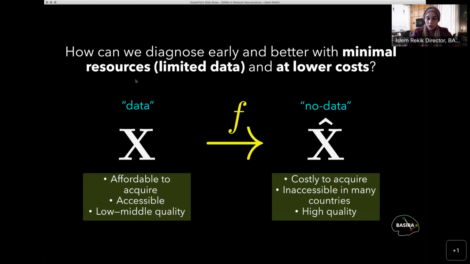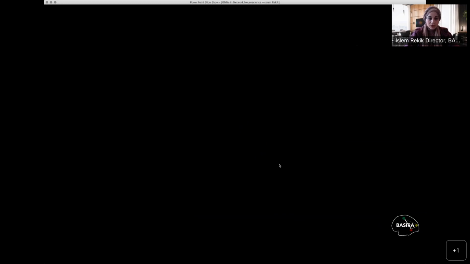So here we're talking about imaging, but in this particular talk, I'm focusing on brain networks. Let's take one step back and remember, I'm not sure if you're familiar with brain connectomes or brain connectivity maps. We call them connectomes, connectivity maps, brain network, brain graph.